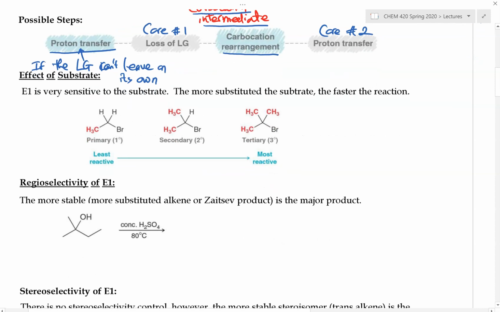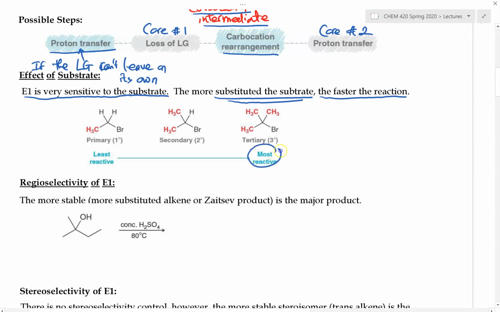Now let's discuss the effects of the substrate on the E1 reaction mechanism. E1 is very sensitive to the structure of the substrate, in which the more substituted the substrate, the faster the rate of this reaction. This is actually very similar to the trend that we have observed in the E2 reaction mechanism as well. So the tertiary substrate will be the most reactive. The explanation is the more stable carbocation intermediate. Because a carbocation is formed in the mechanism, the more stable the carbocation is, the faster the rate of the reaction.